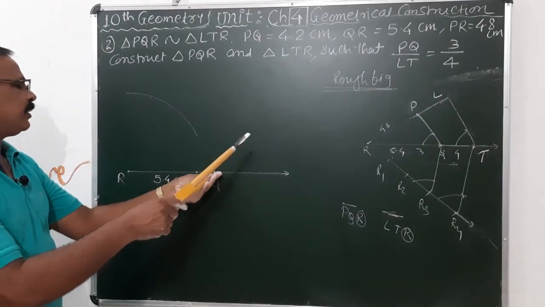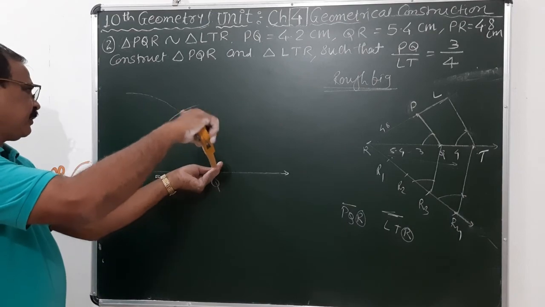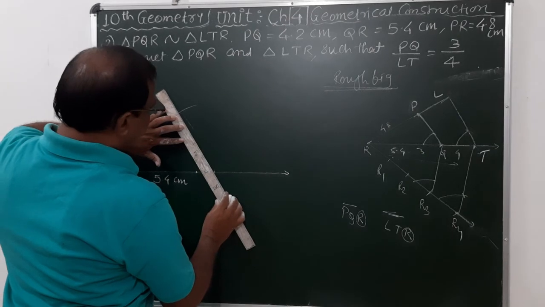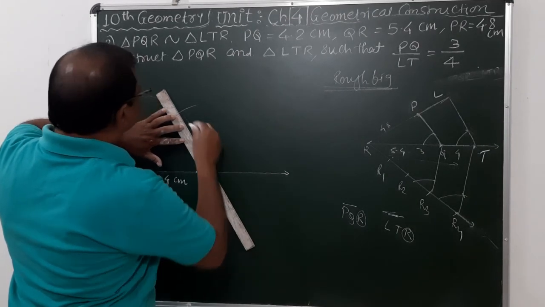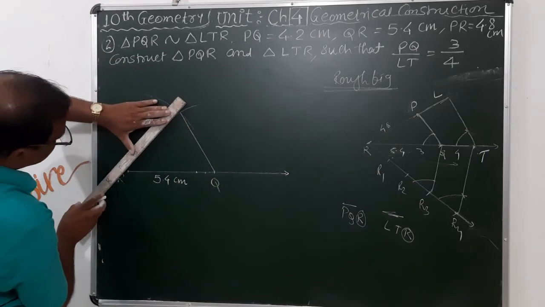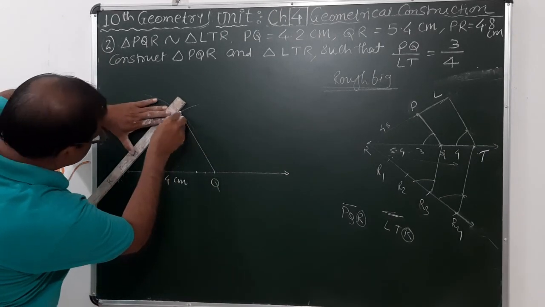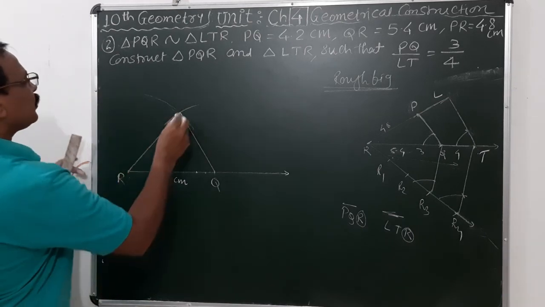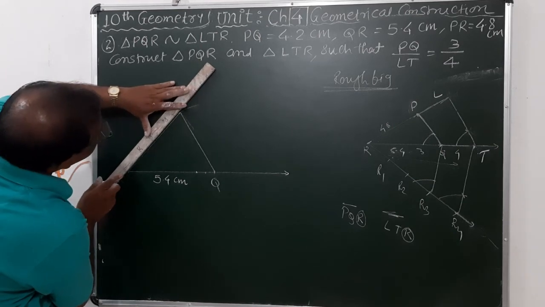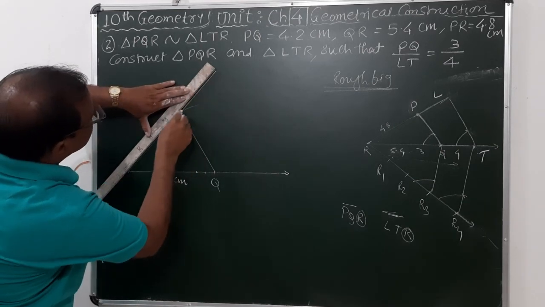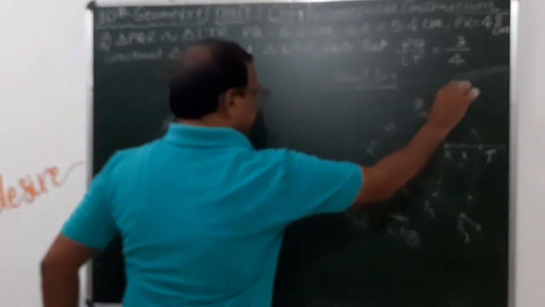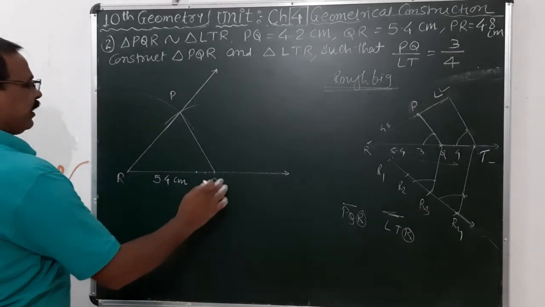Take Q as a center and draw an arc which intersects the previous arc. Join this point here. Like this. This is R. This is your P here. You can extend P here because we need to find points L as well as T.